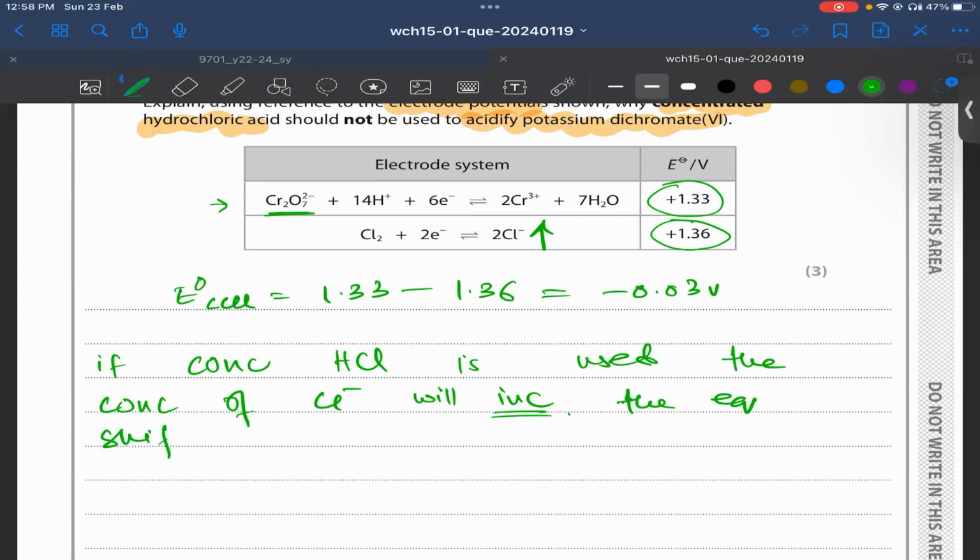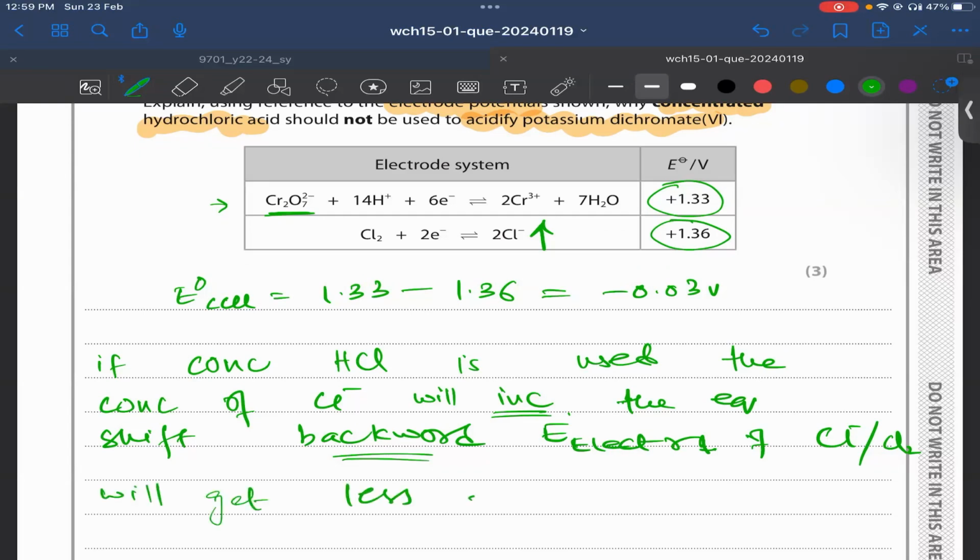And we say that the electrode potential of Cl2/Cl minus, because the equilibrium shifts backward, will get less positive. Less positive, right? Because more oxidation occurs, it will start losing electrons.